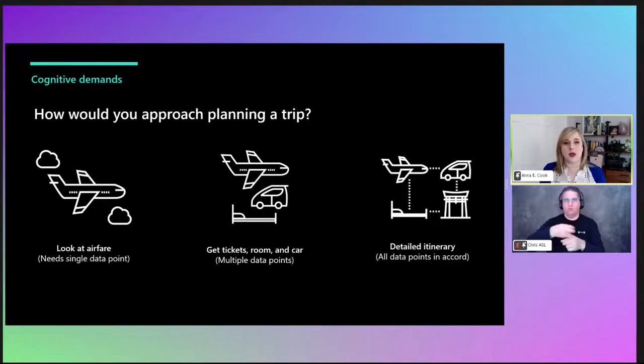And then some people might prefer a detailed itinerary, maybe a spreadsheet accounting for hour by hour, day by day, fine details of the entire trip. These are opportunities to ask how technology can understand and provide the information people need to make decisions.